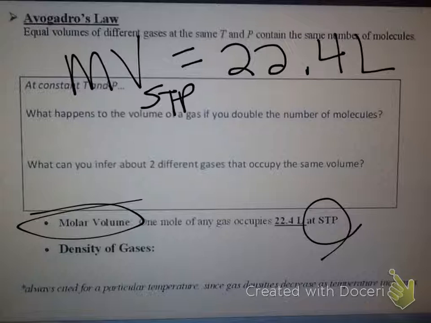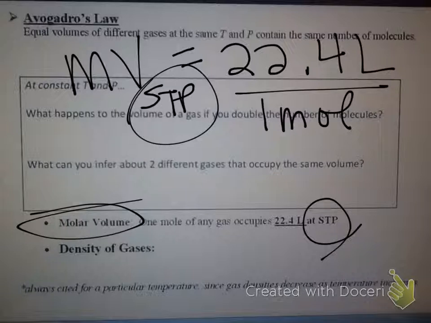So if I'm at STP and I have 1 mole of oxygen, that 1 mole of oxygen will take up 22.4 liters. The molar volume is 22.4 liters per mole of any gas at STP.